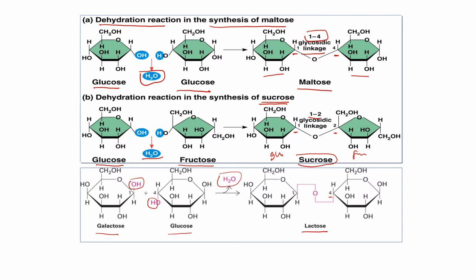So the reaction is called a dehydration reaction or condensation reaction, because it removes one water molecule between the two monomers. Okay, so now we are going to look at how to draw the reaction, the dehydration reaction.